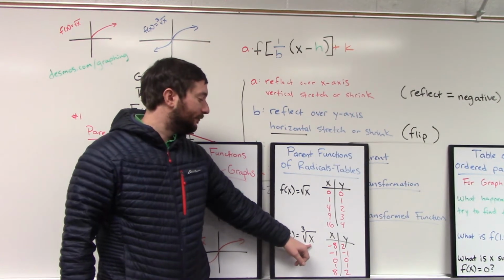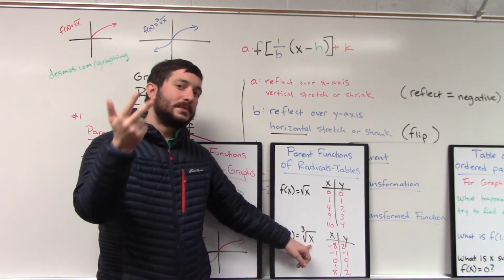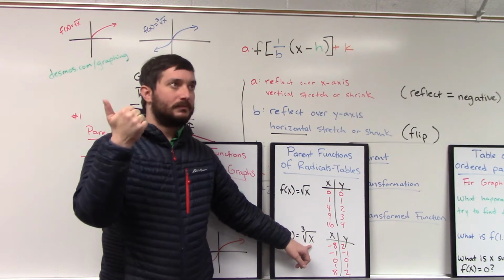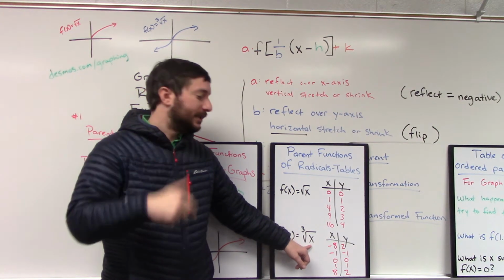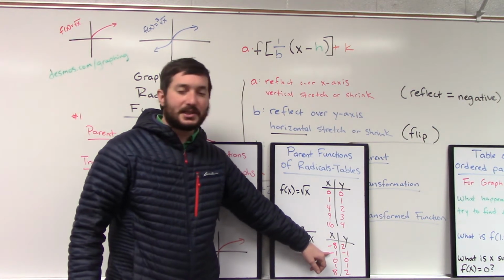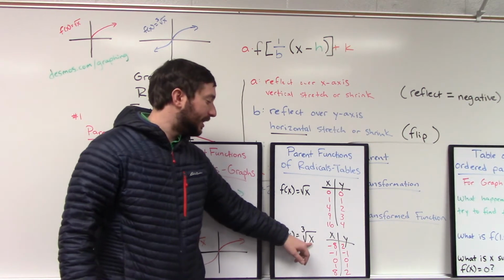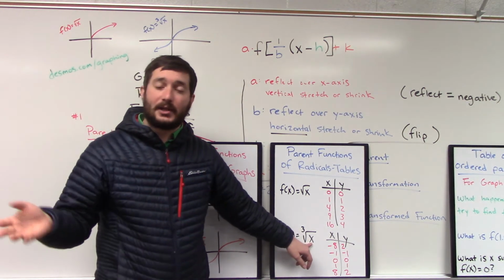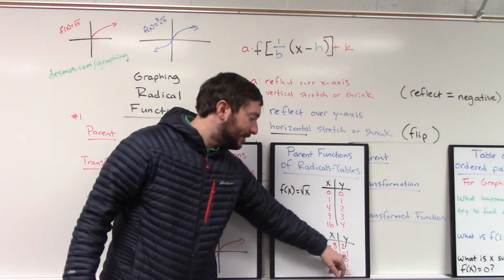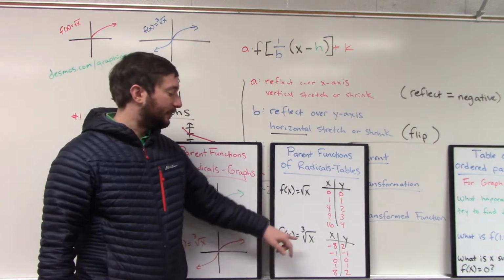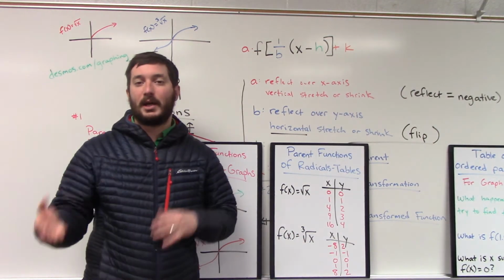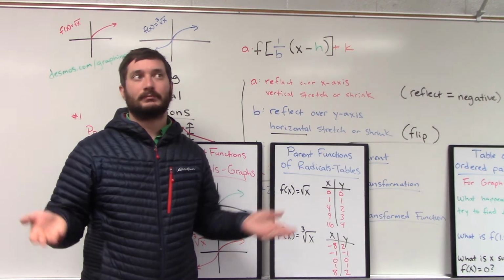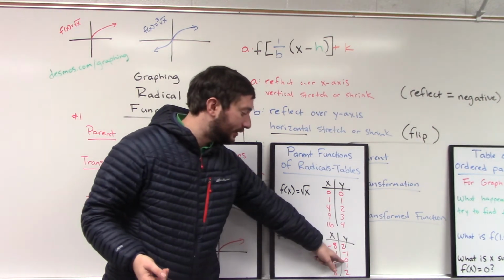For example, what times what times what is -1? -1 times -1 times -1 is -1. So when x is -1, when you plug that into x and you simplify, y is -1 as well. If you plug 0 into x and think about what times what times what is 0, 0 times 0 times 0 is 0.